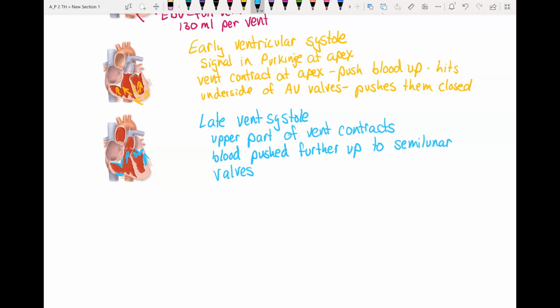And these valves open upward. So see, here's the semilunar valve closed. When it's closed, it's kind of like this. And when you hit it from the bottom, it pushes it open like this. So the blood hits the bottom of the semilunar valves and pushes them open.